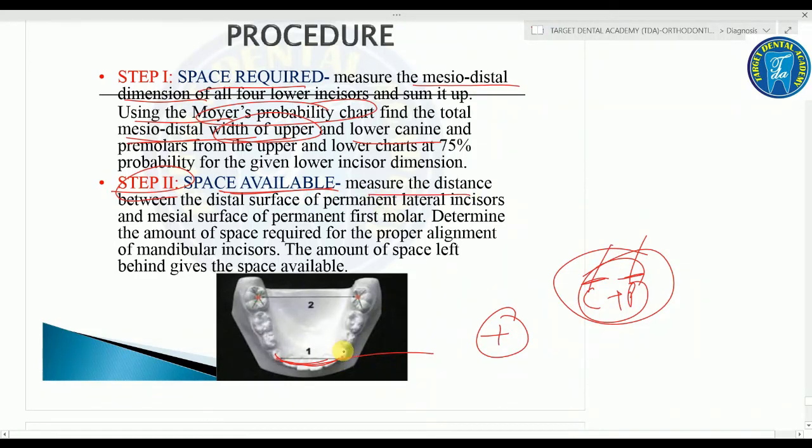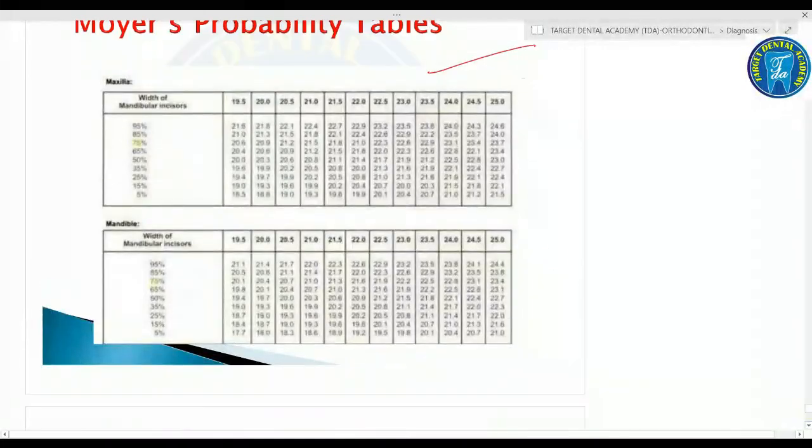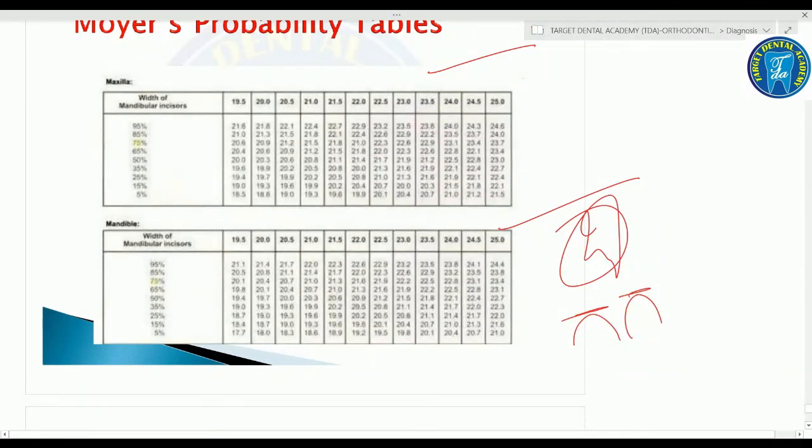Measure the distance distal to the permanent lateral incisor and the mesial surface of the permanent first molar. The amount of space left behind is what we call the available space. This is the probability chart to calculate the mesiodistal width of the unerupted canine and the premolars.